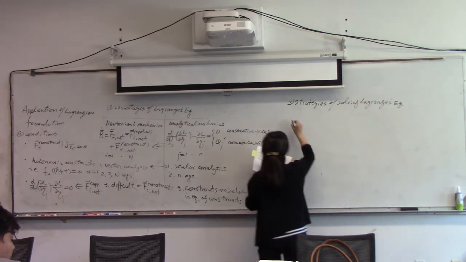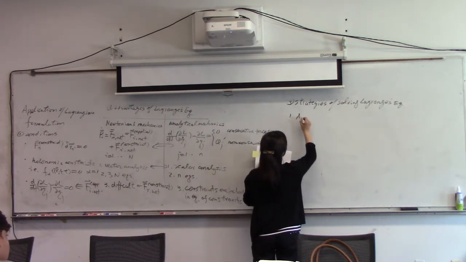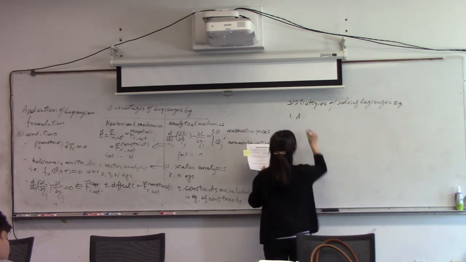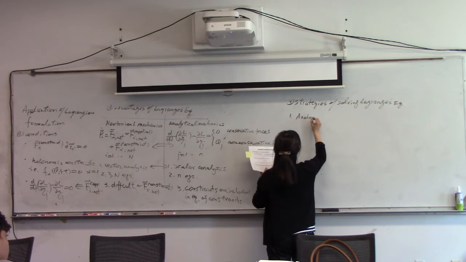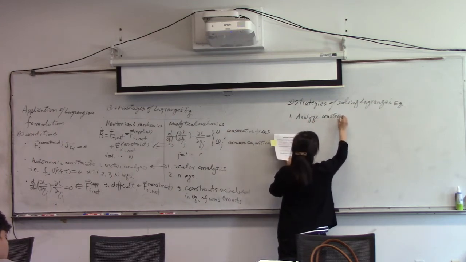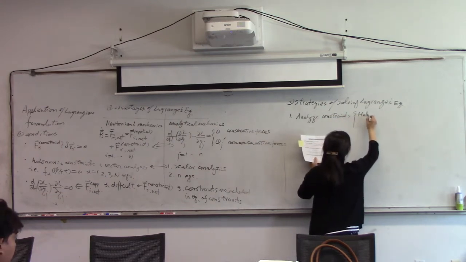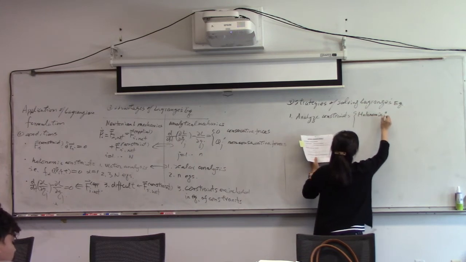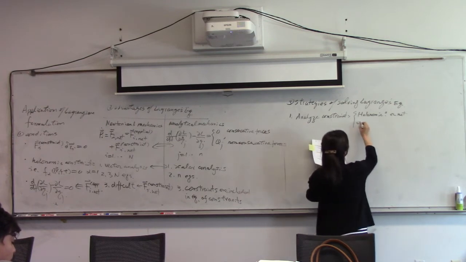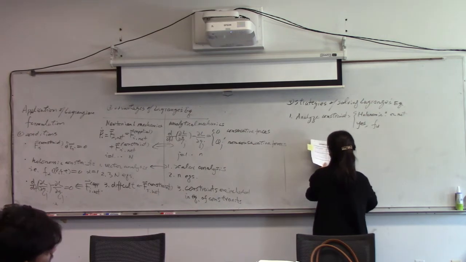Okay. First, analyze the constraint, right? That is the most important. We need to analyze the type of constraint. Is it holonomic or not? First, we need to know this. If yes, then you can write this down.